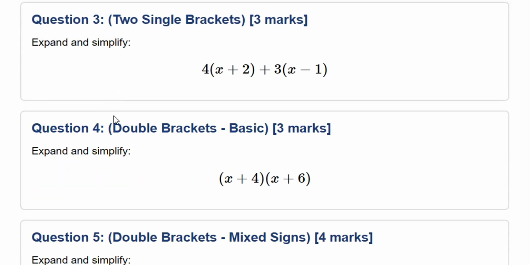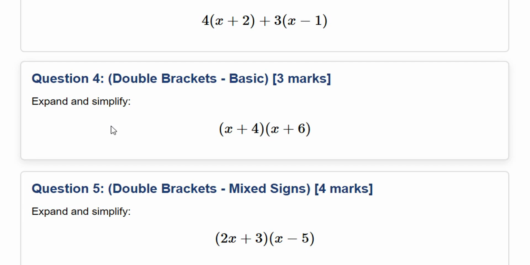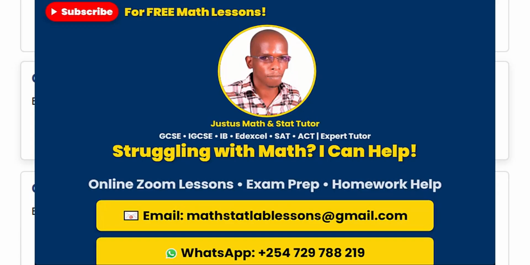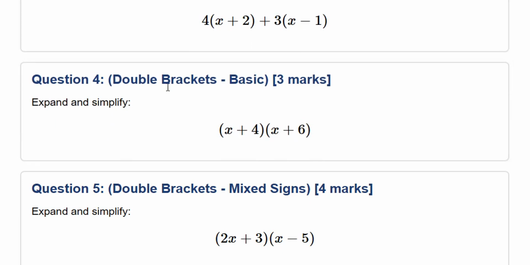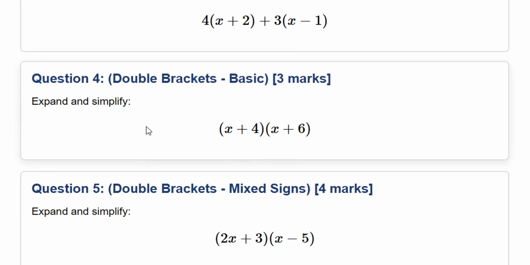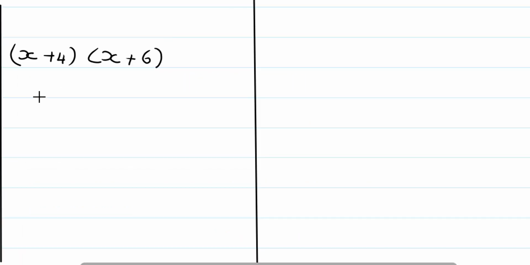Can we try a more complex question, question 4? In this question 4, we are told to expand and simplify a question with double brackets, which is x plus 4, then into brackets x plus 6.